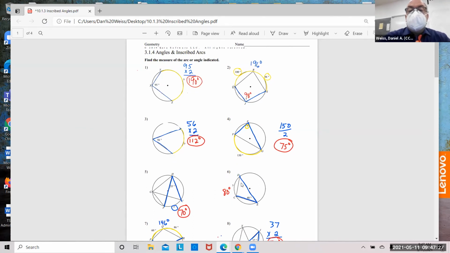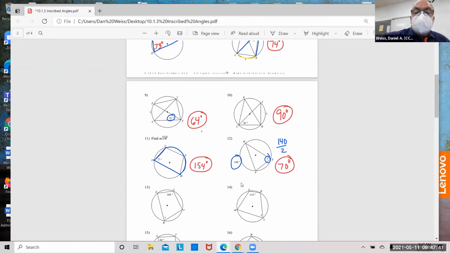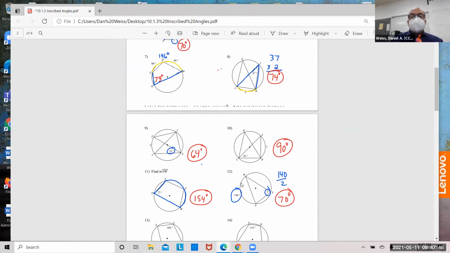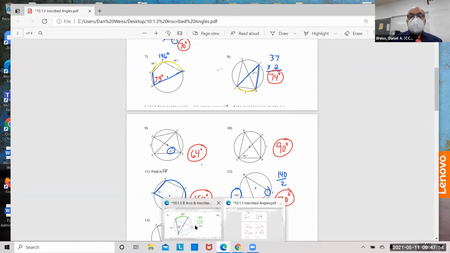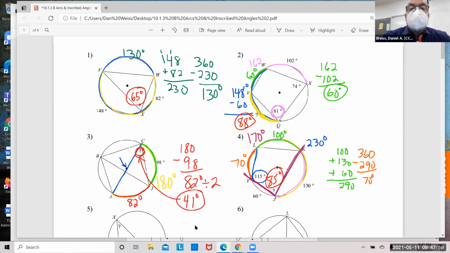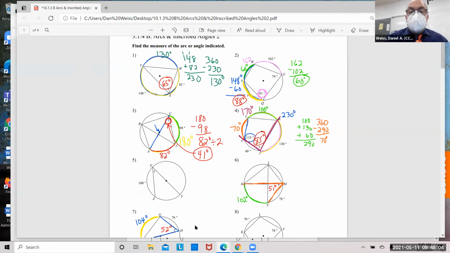All right, here, we'll take a couple of pictures, Misa. Here's 1 through 6 on the first page. Seven through 12. And then one through 6.